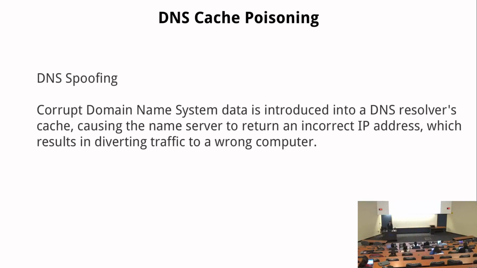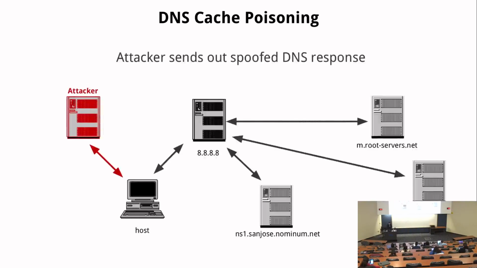So the server will remember that wrong mapping for a very long time, and all the machines that ask the DNS server to give the IP address will give the wrong IP address. So how does this work? Let's say we have an attacker. The attacker will send out a spoofed DNS response.